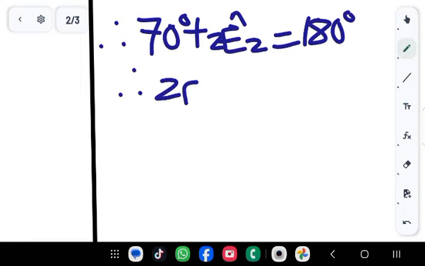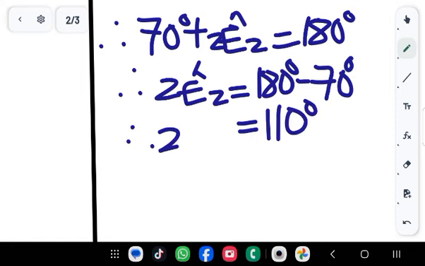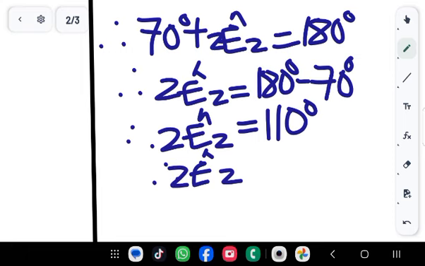Now we solve for angle E2, which is the same as the other angle, W1. That gives us 180 minus 70 degrees, which is 110 degrees. Therefore, twice angle E2 equals 110 degrees, so we divide both sides by 2.